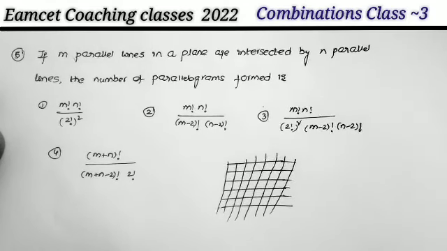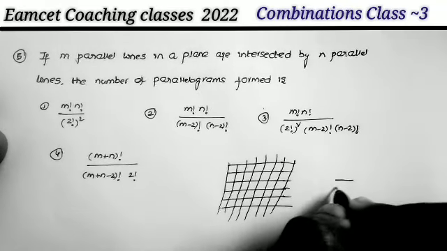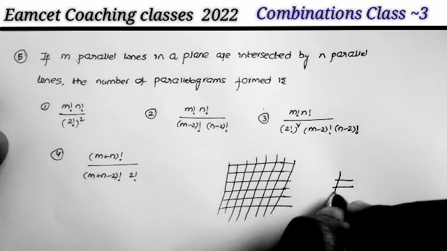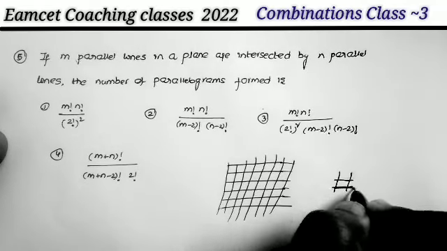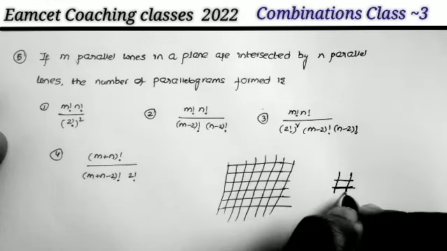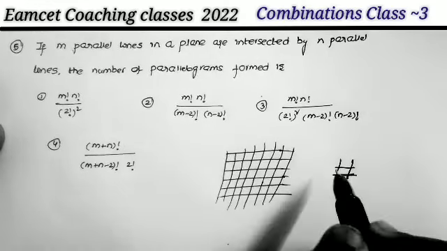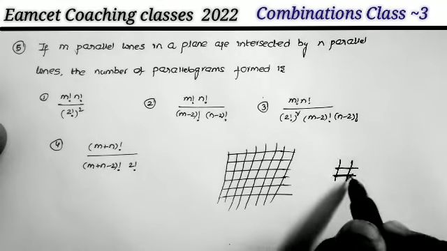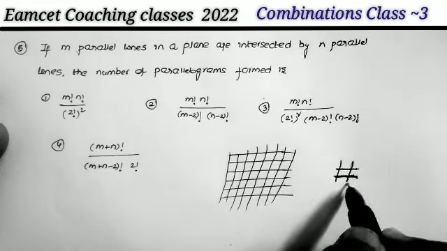To form the parallelogram, what you need is one set of parallel lines and another set of parallel lines. If you have one set of this type of parallel lines and another set of this type of parallels, then we can form the parallelogram. So to form the parallelogram, I want 2 lines from the first set of parallel lines and 2 lines from the second set of parallel lines.